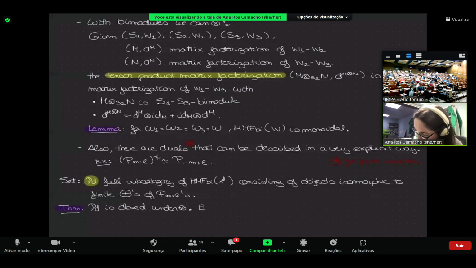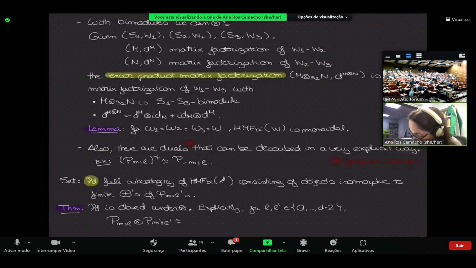And explicitly, if you give me L and L prime in 0 to D minus 2, then I can tensor two such, and the fusion formula looks like this.